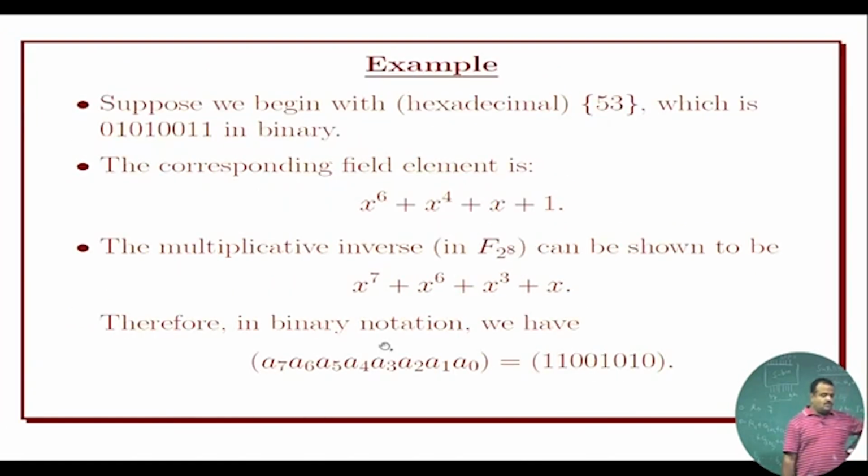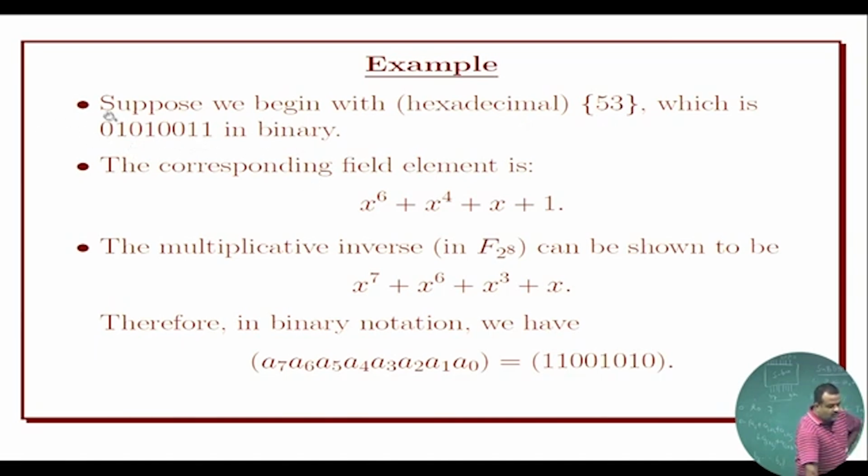So, let us take an example. Suppose we want the output for 5 3. This is 8 bits, and 8 bits can be represented as 4 bits and 4 bits. So, this 5 is in hex form, and 3 is also in hex form. So, 5 is 0 1 1 0 and 3 is 0 0 1 0. So, these are our AIs.